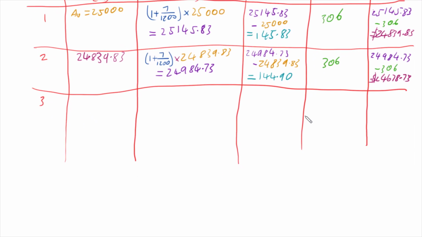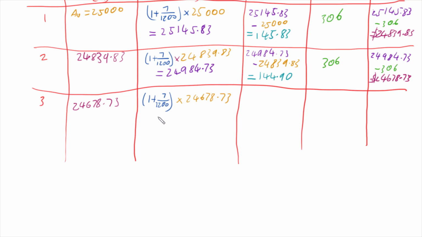Month number 3, we bring down our previous month's ending value, 24,678.73. So we can see that the value is getting less, so it's a reducing value. We have our little r, 1 plus 7 over 1200. Multiply that by our principal here, 24,678.73.